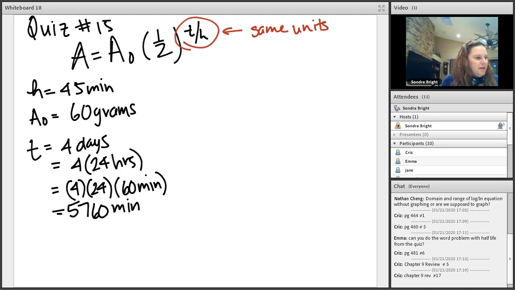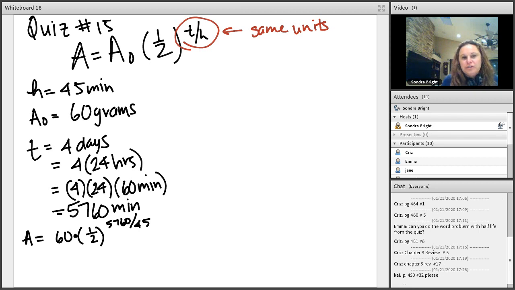Okay. And so how much is left in 4 days? Well, you just plug all these in. A is equal to A naught, which is 60, times 1/2 to the power of t, which is 5760, over the half-life, 45. Make sure you put this in your calculator correctly. You should definitely be doing the exponent before the multiplying.